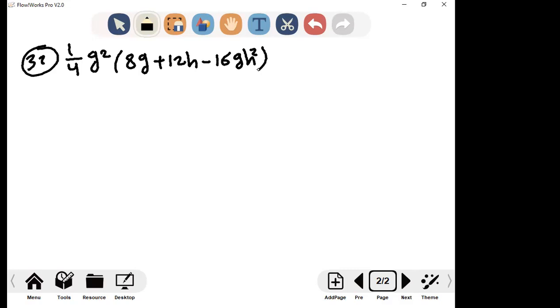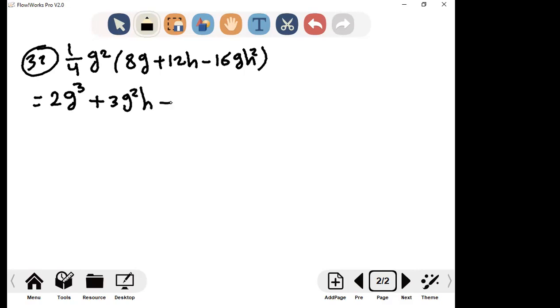Now, here we have a fraction, 1 over 4, right? Now, look how I multiply. 1 over 4 multiply 8, right? 1 times 8, 8 divided by 4, 2. So we have 2 g power 2 by g power 3, 2 g power 3. 1 over 4 times 12, 1 times 12, 12 divided by 4, 3 g power 2 h.